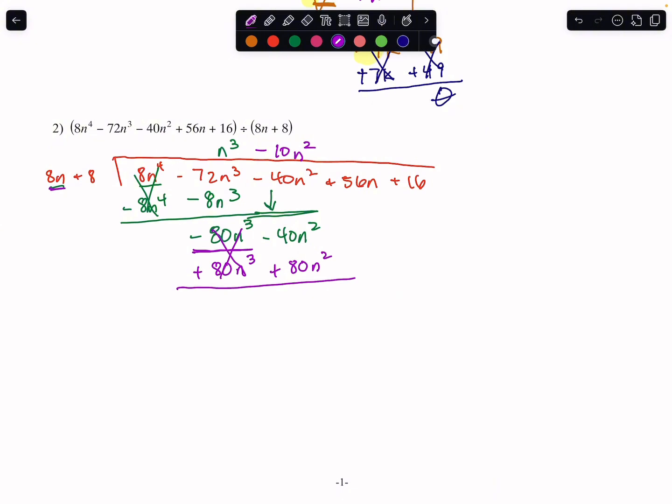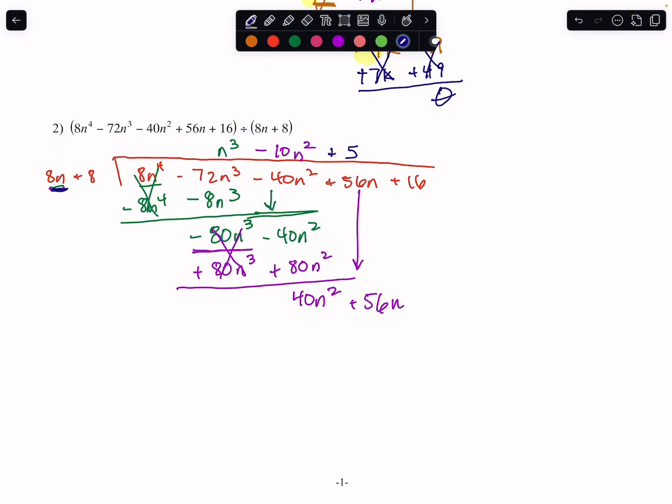Okay? So I got to go back over here. I'm back here now. 8 times what is 40? That's 5. And then n squared divided by n is just going to be n. If you notice, our next term matches what's next. Okay?